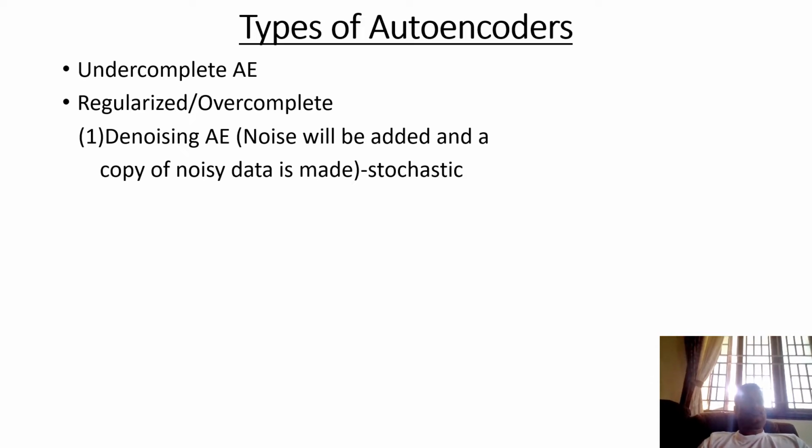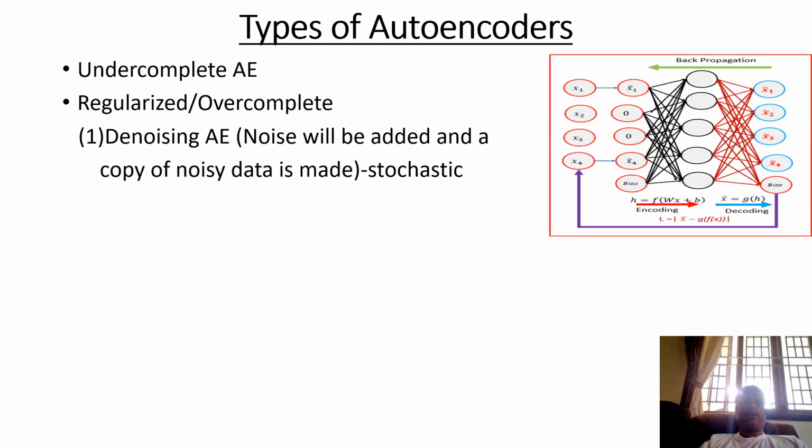The other type of autoencoder is the overcomplete autoencoder. Now you may wonder, how can we get dimensionality reduced data if the number of neurons in the hidden layers is higher than the input layer, which is the case for overcomplete autoencoders.